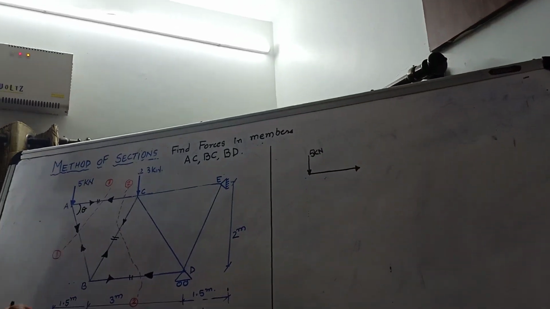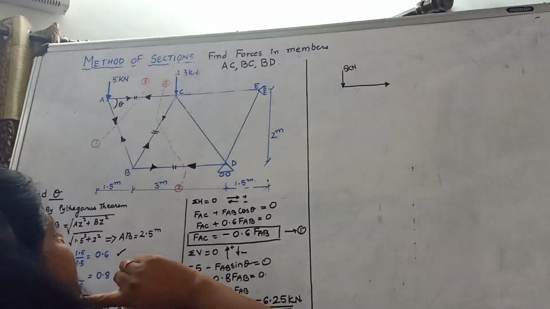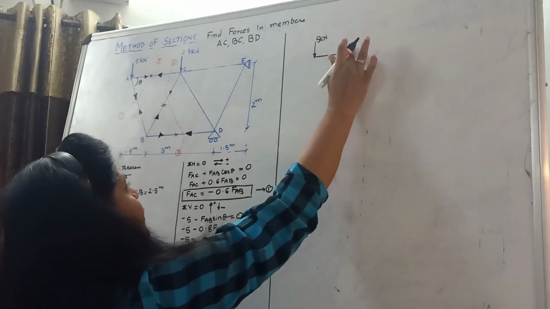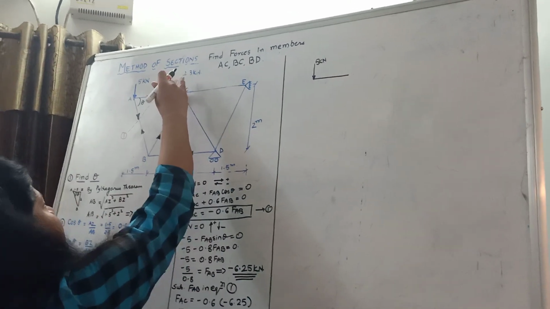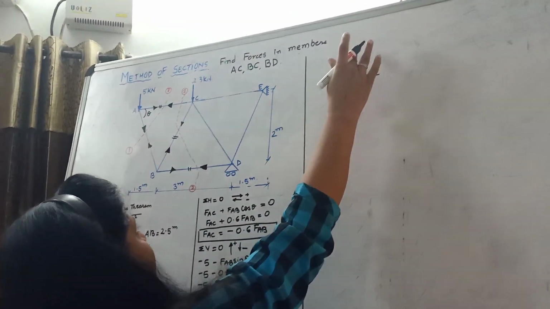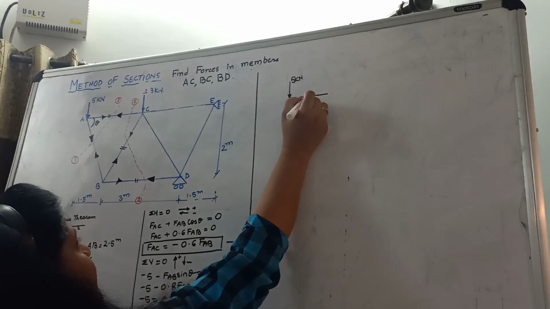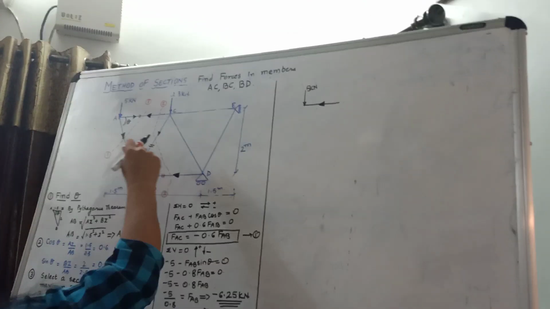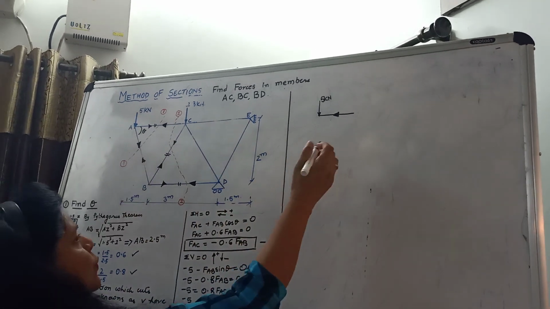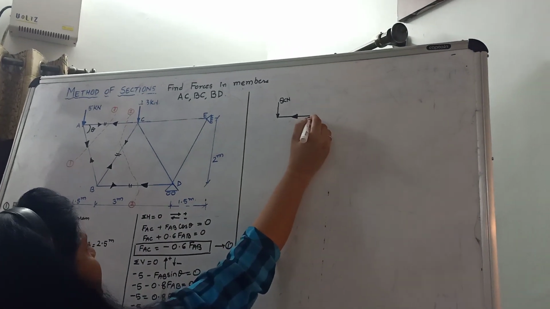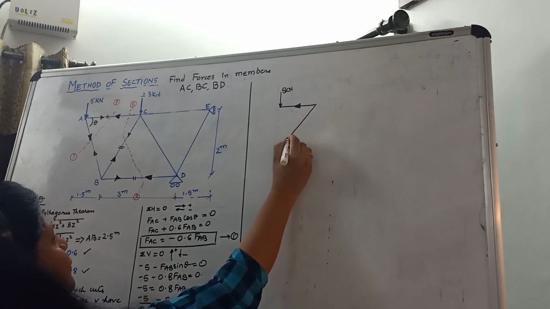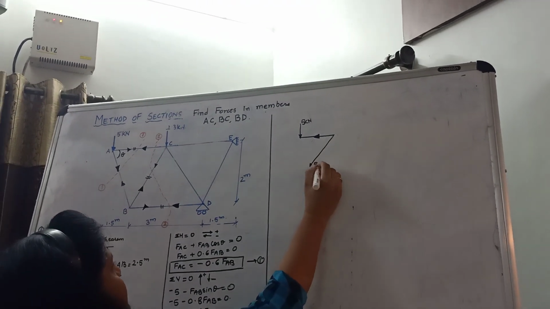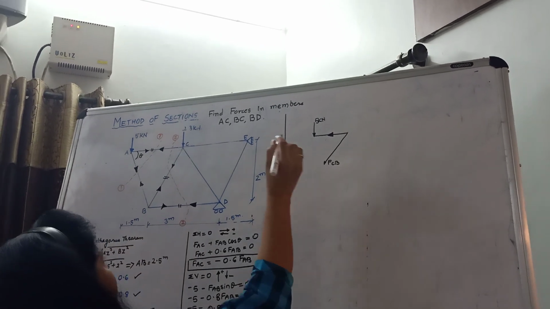Then we have the force moving in this direction, so I will show the force in this direction. Then we have another force in this direction, that is F of CB or BC, whatever we can write.